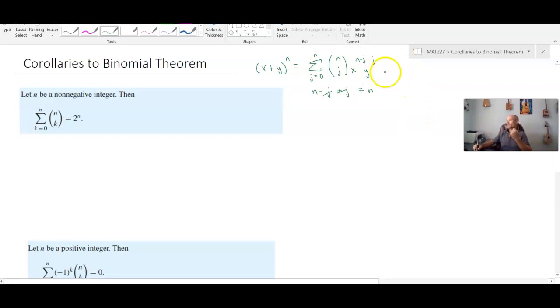And of course, this looks in term by term form: n choose 0, x to the n, y to the 0, plus n choose 1, x to the n minus 1, y to the first, plus etc., all the way until we get to the nth term, which is n choose n, x to the 0, y to the n.